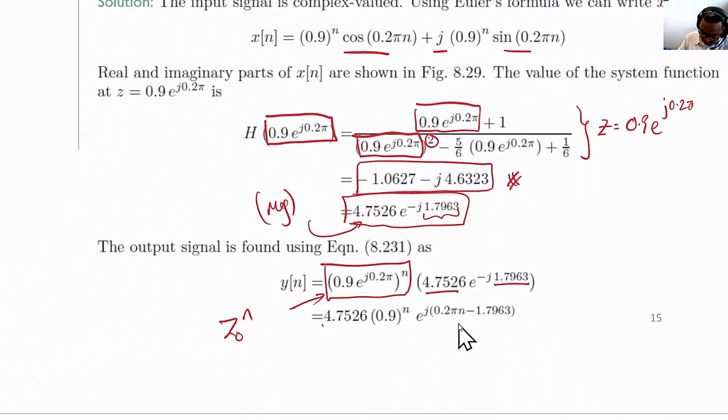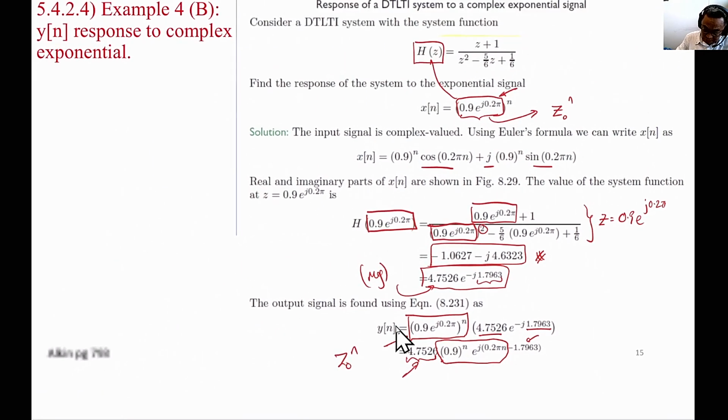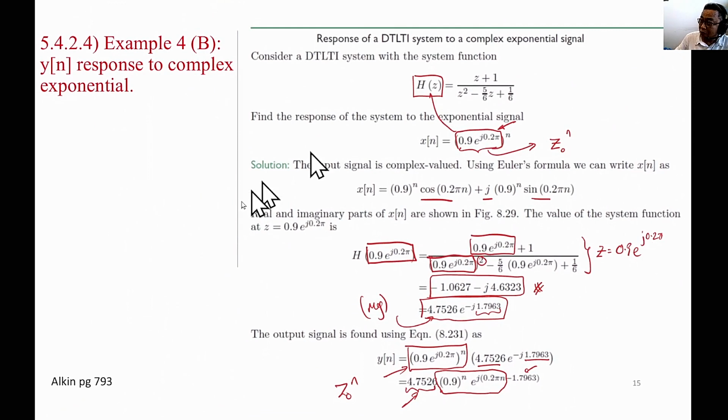This is the final answer. The magnitude, the gain at this frequency, is 4.7 multiplied by the original signal here, and a phase shift is introduced to the output. So this is the example of how we find the discrete time system affecting a complex exponential. Thank you.